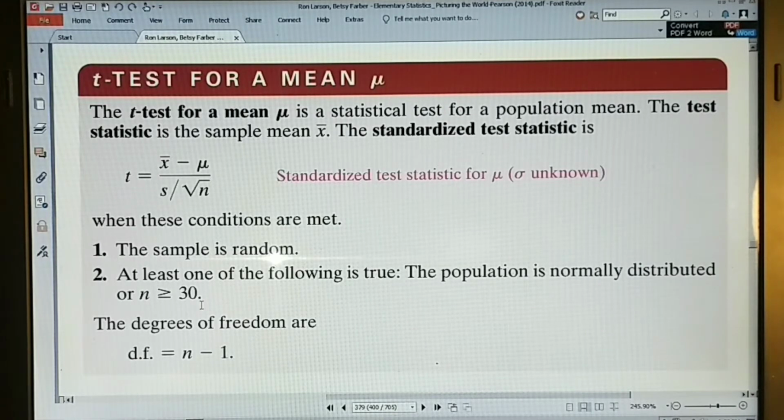But some books use the T-test if sigma is unknown or the number of samples is less than 30.